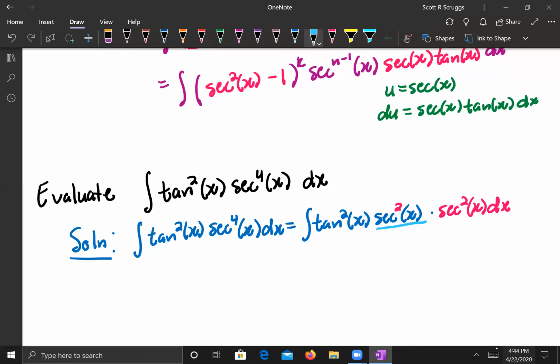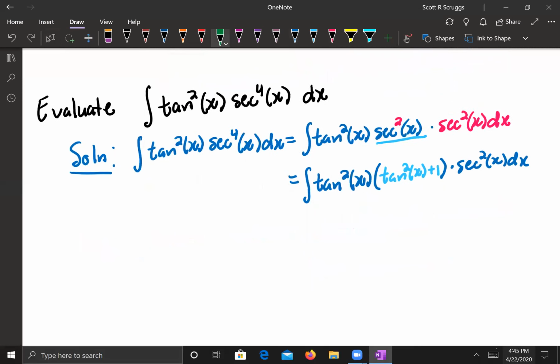Now for that secant squared that's still there, I'm going to substitute it with a trig identity, the trig identity of tangent squared of x plus 1, times secant squared of x dx.